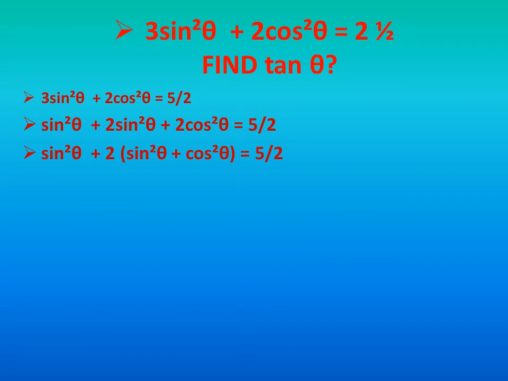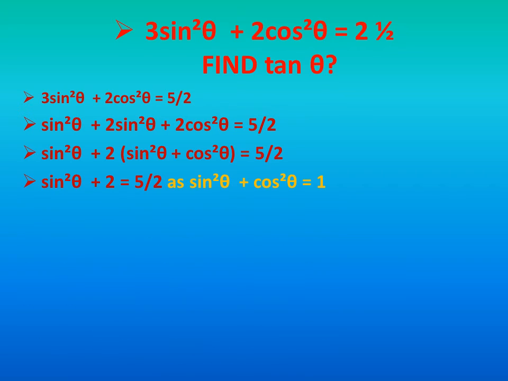The first term is sine square theta. From the second and third terms of the LHS, we take 2 common, and we get sine square theta plus cos square theta is equal to 5 by 2.